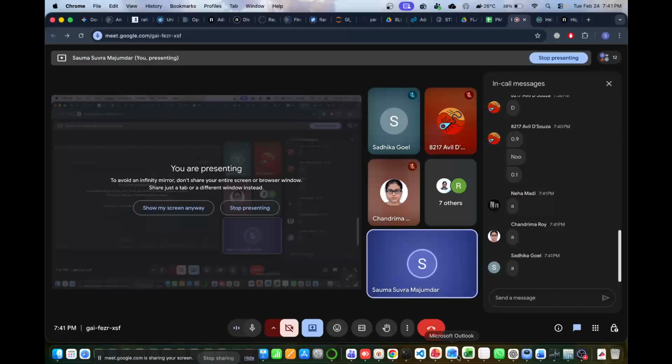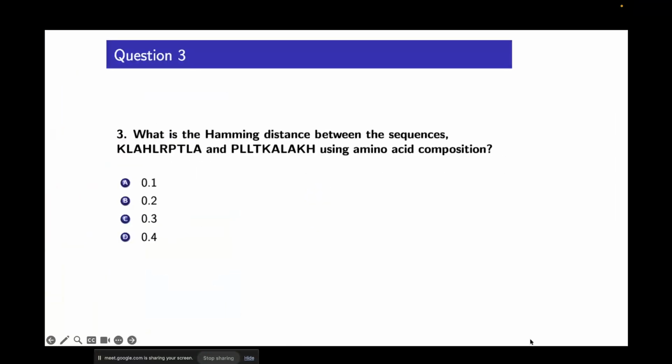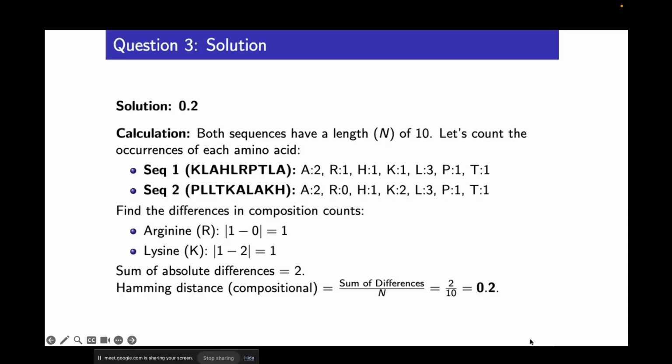I have been given the answer to be point two. I am also not sure if it is point one or point two. Let me check. So many of you are saying it's point one.